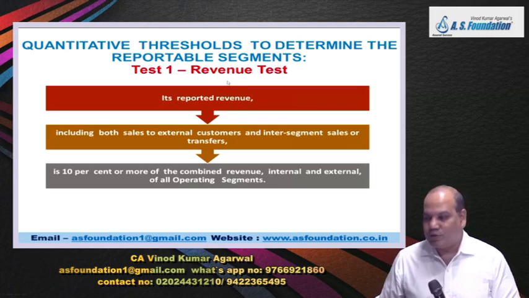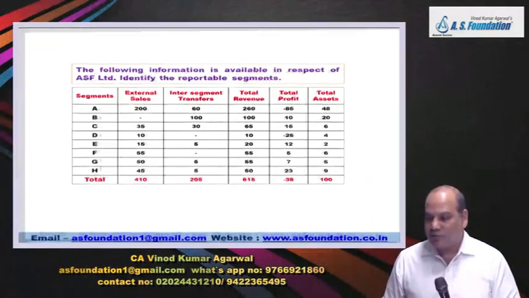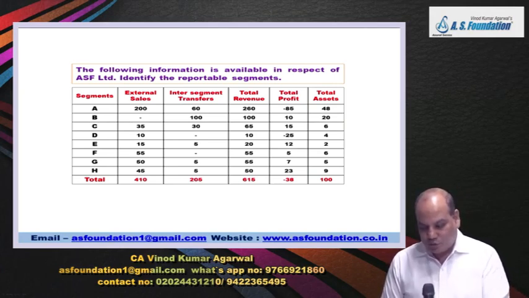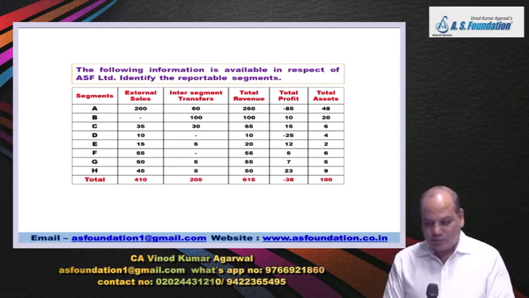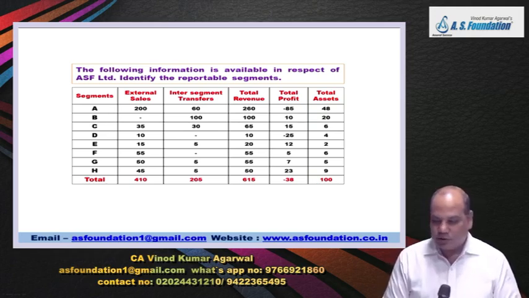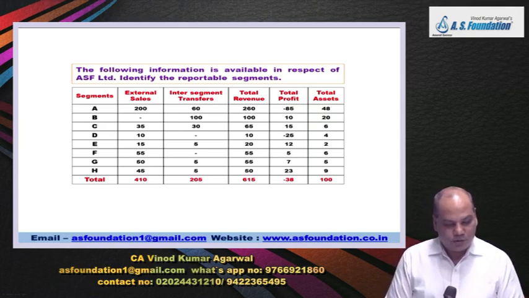Otherwise, they will skip out of this revenue test. Now solve one small example on your screen. This is one question also in your notes, which I am taking as an illustration for understanding this reportable segment identification. I think question number 7. Just check.